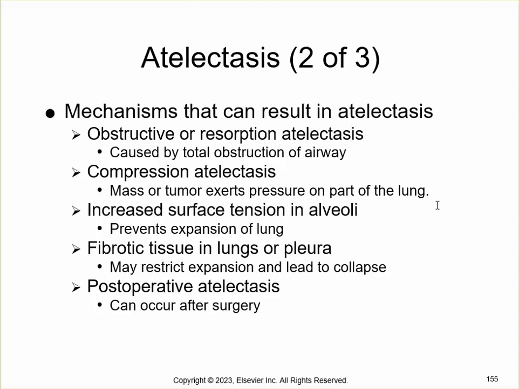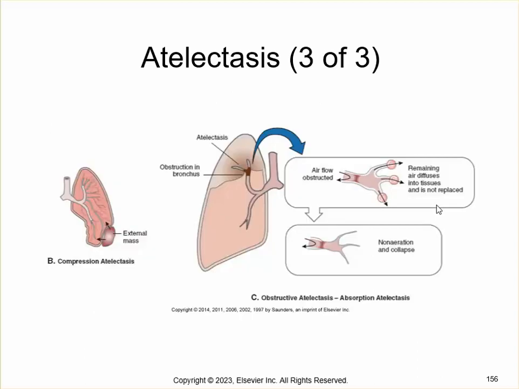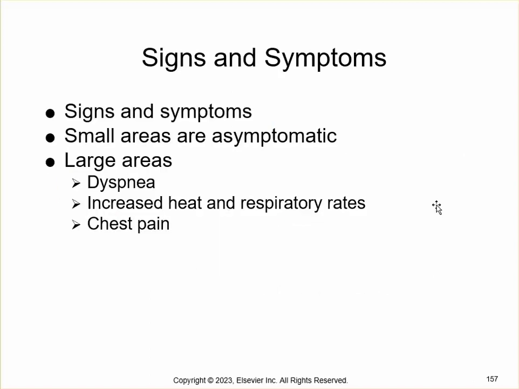Fibrotic tissue restricts expansion and can lead to collapse. It can happen after surgery, especially because of inflammation and things like that. But the lung is intact. What happens is the pressure differential changes.